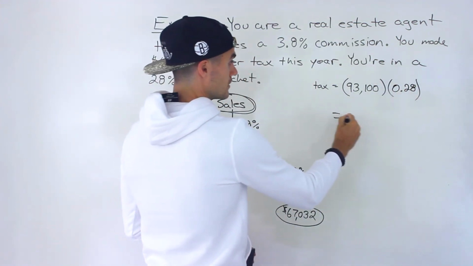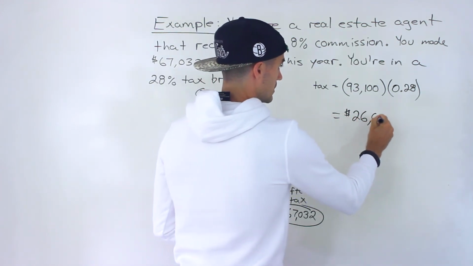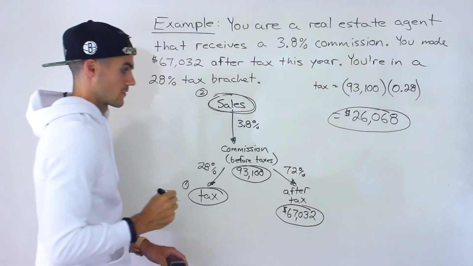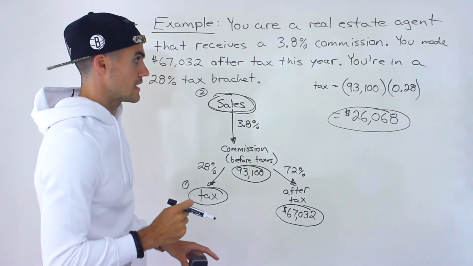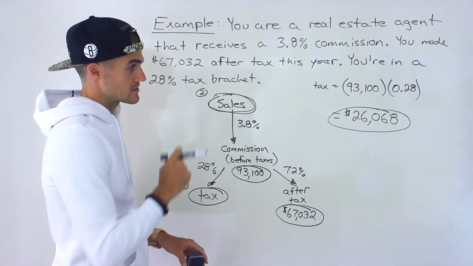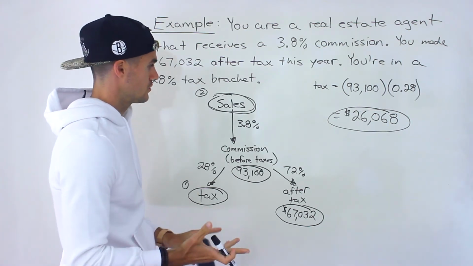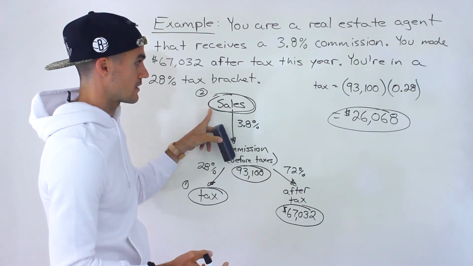When you multiply these, you'd end up with $26,068. That represents the amount of tax that you're going to pay, and that's also the answer to question 1. Now, question 2 is asking us, what is this dollar amount of sales?